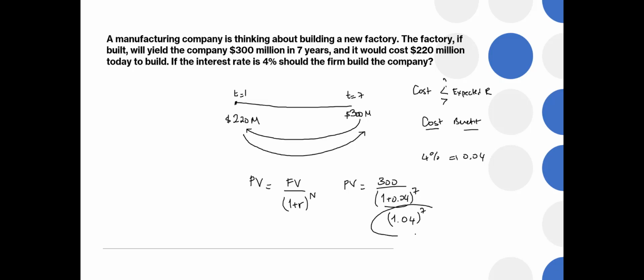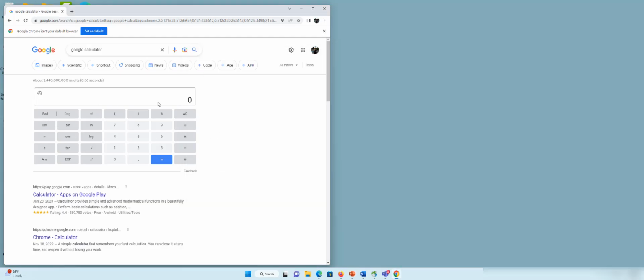Now what is this number? We can find this by using Google Calculator or any scientific calculator. Let's use Google Calculator for now. Here you can see on the screen the Google Calculator. I'm going to write 1.04 to the power 7, and that's equal to 1.31593.